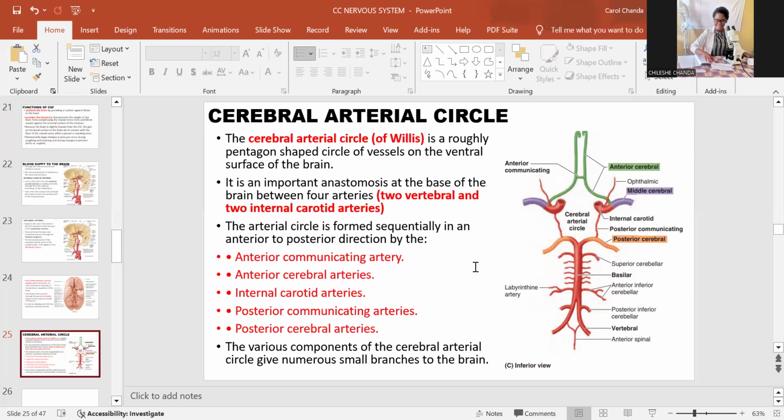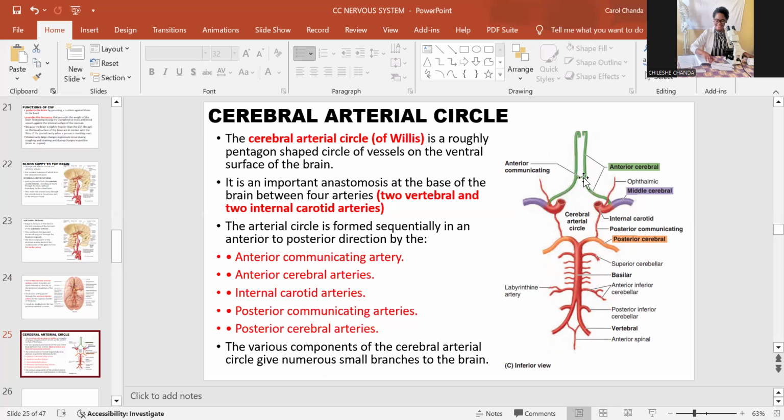This is how the circulus arteriosus is going to look. We have the vertebral arteries forming the basilar artery, giving off posterior cerebral arteries as well as posterior communicating arteries, which anastomose with the internal carotid arteries coming all the way from the common carotid arteries, and then continue as middle cerebral arteries and give off the anterior cerebral arteries.